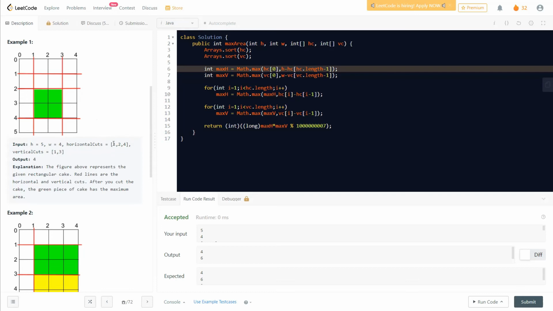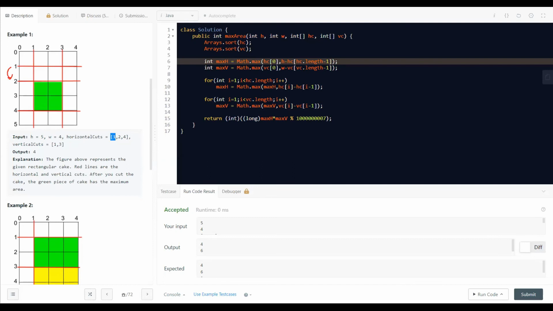These horizontal cuts are actually the distance from the top till the first cut. How many units distance is there? So what we did, we took a max of AC of 0 and something else. AC of 0 is the first instance over here, the distance we got from the 0th to the first instance.